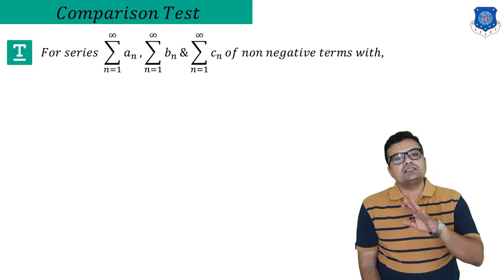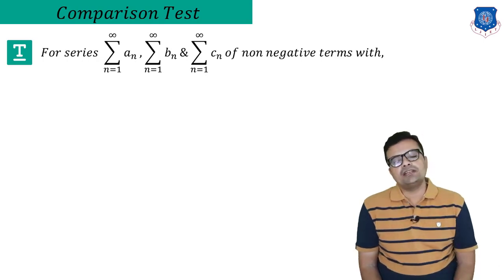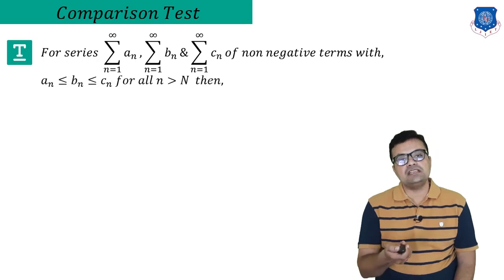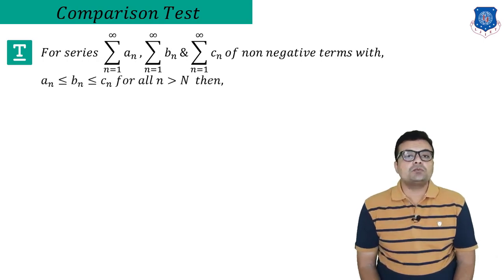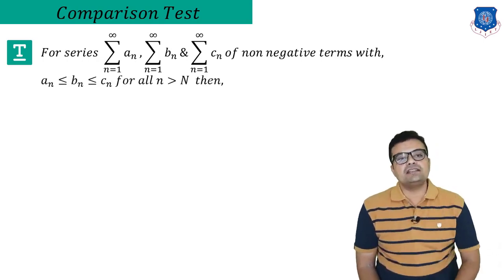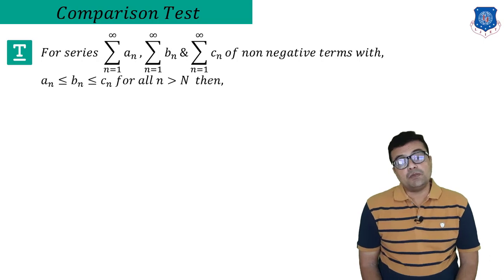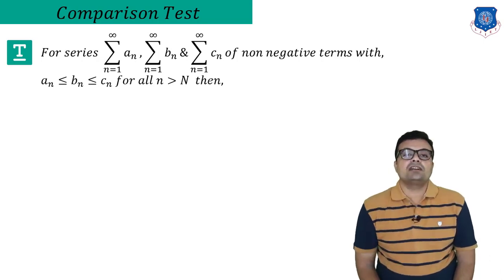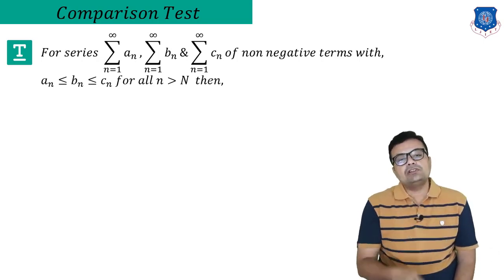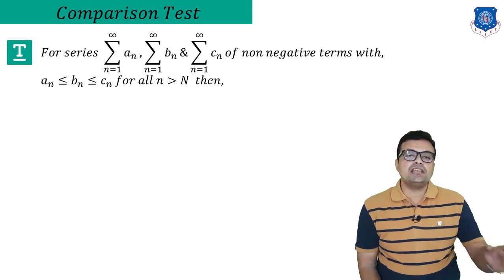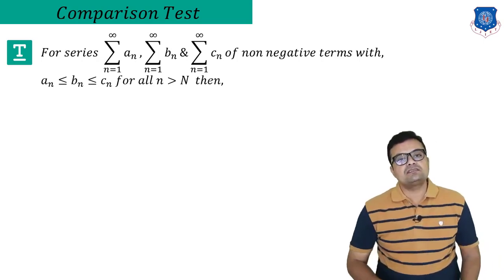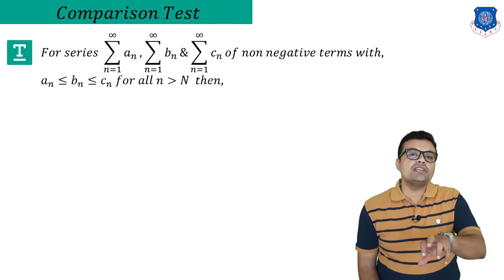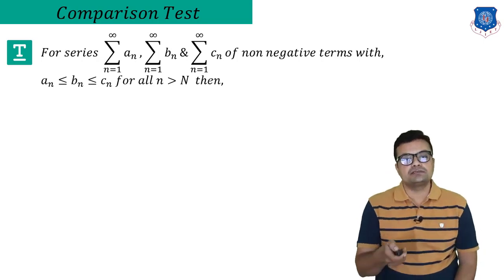So if I consider three series of non-negative terms, summation an, summation bn and summation cn, satisfying the inequality an less than or equal to bn less than or equal to cn for all n greater than N, that means an is the lower bound, cn is the upper bound, and bn is dominated by these two bounds.